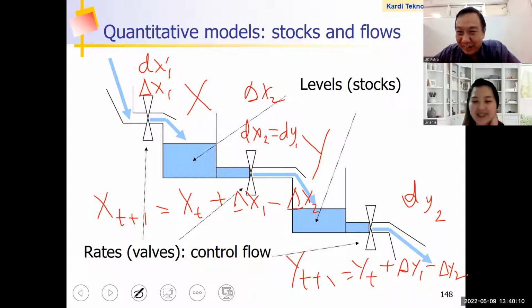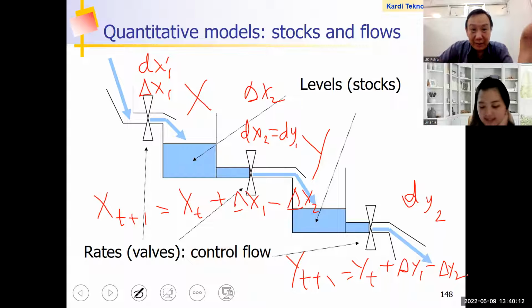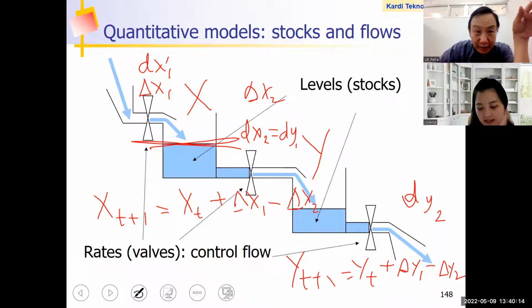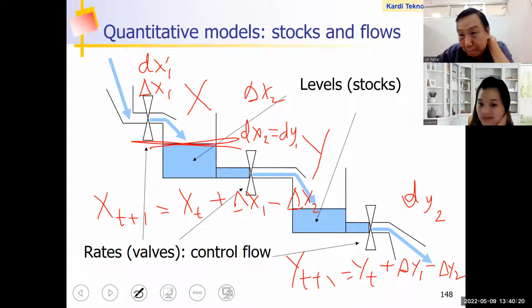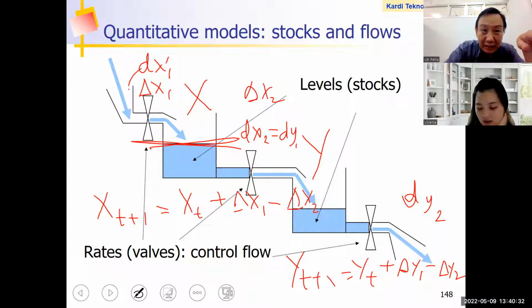Correct, right? So imagine this level represents, what do you want? Say, parking lot. This represents parking lot. So what is the delta X1 in here?